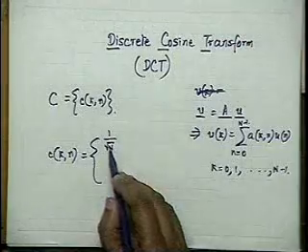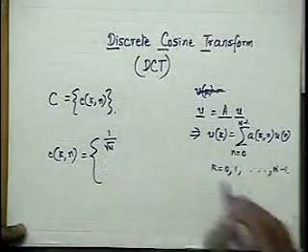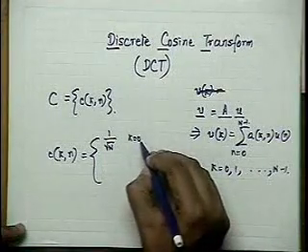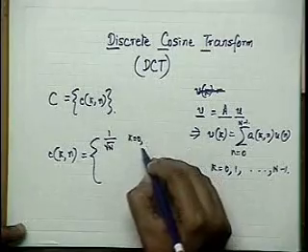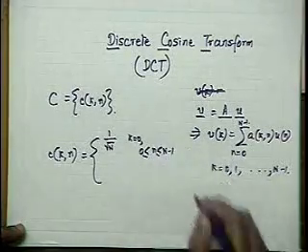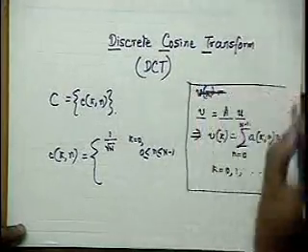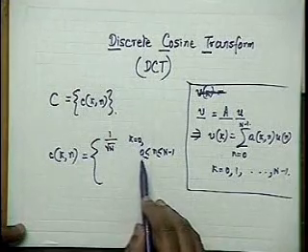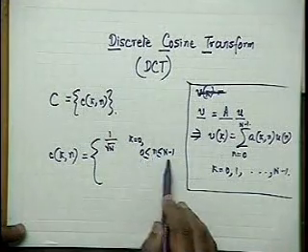So very similarly 1 upon square root of N, in order to preserve the unitary property, but this is for k equal to 0, and n defined from 0 to capital N minus 1.